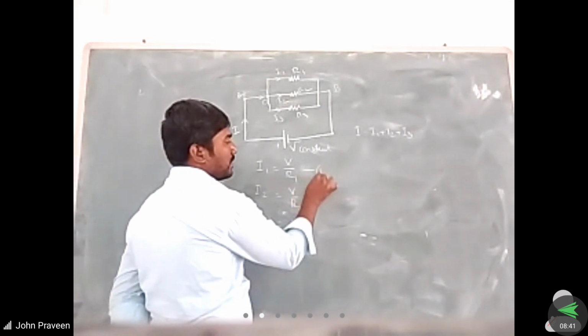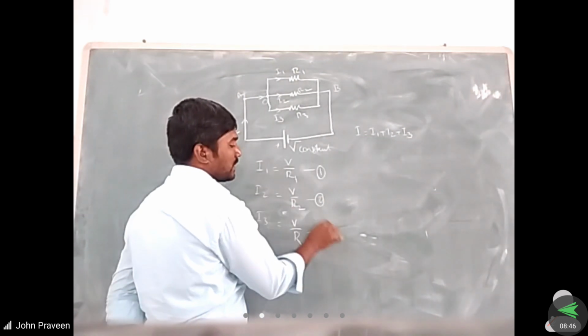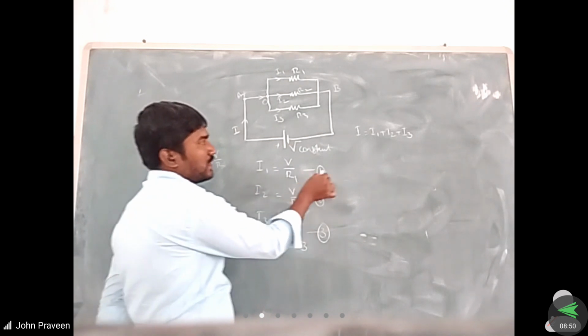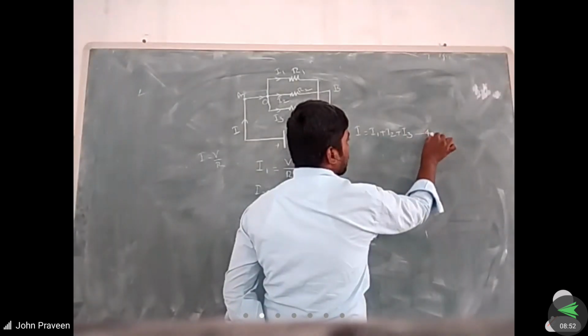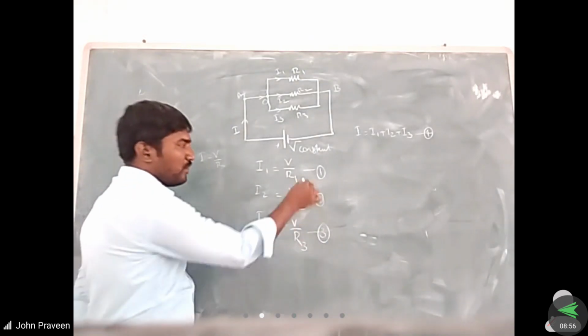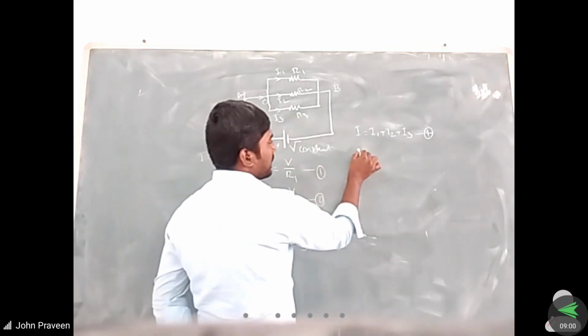Just we are assuming this is equation 1, this is equation 2, and this is equation 3. Right? So just we are assuming this equation as 4. So substitute equations 1, 2, 3 in equation 4. What are we getting here?